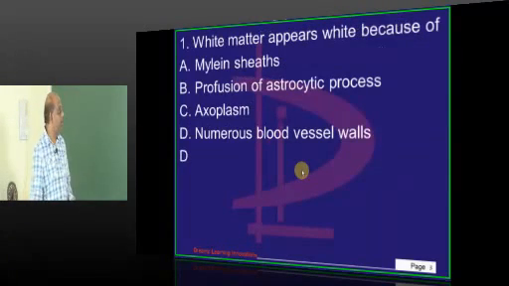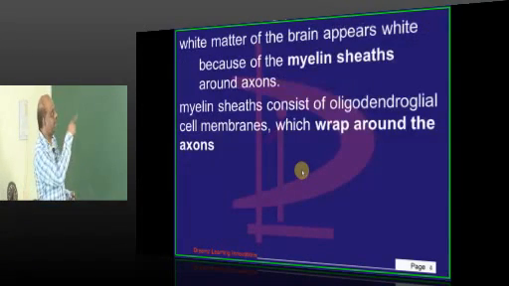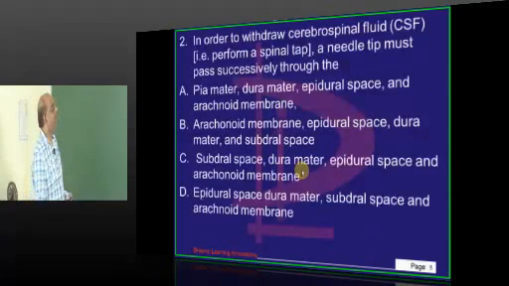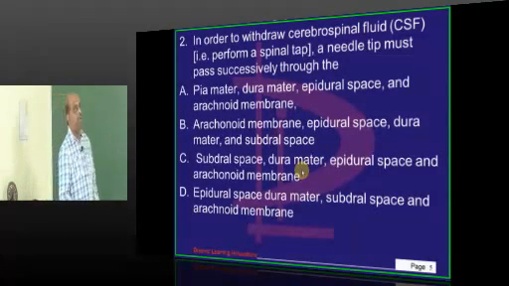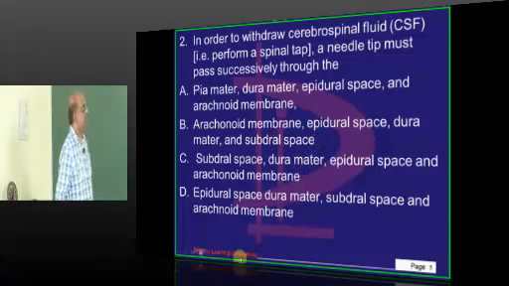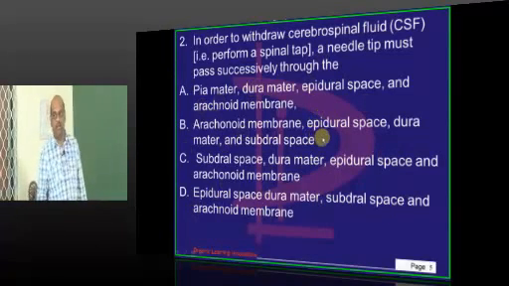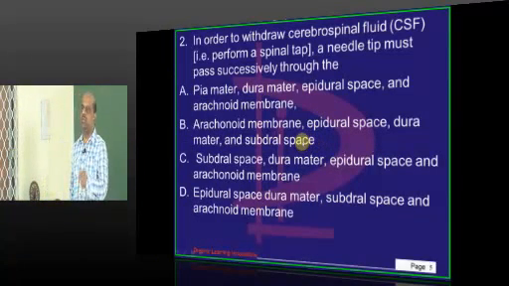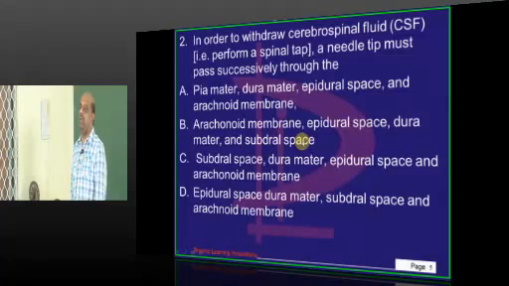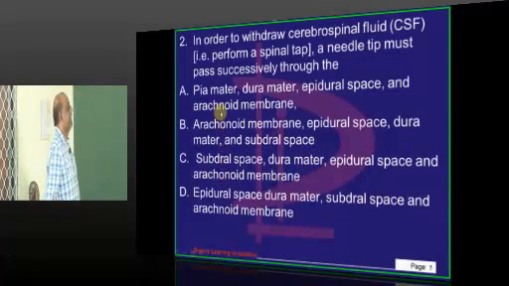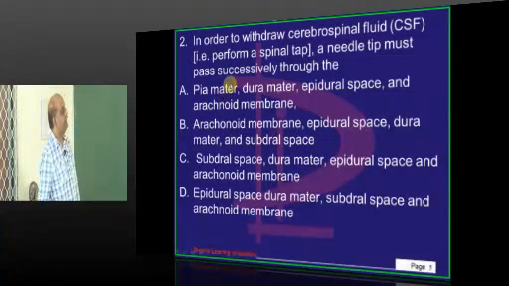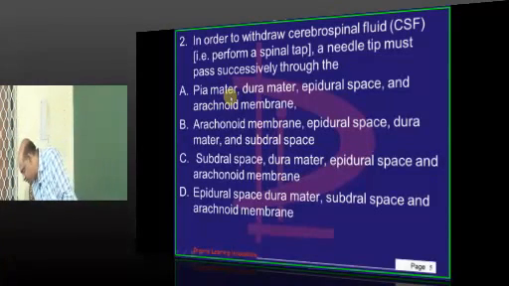Yes, don't believe this answer in the key. The correct answer is A, that is the myelin sheaths which are responsible. You want to draw the cerebrospinal fluid. A needle tip needs to pass successively through which of these layers? From which layer to which layer to which layer, and ultimately from where will you take the CSF, is a very important question. Question number 2.